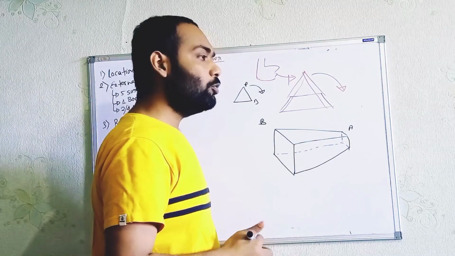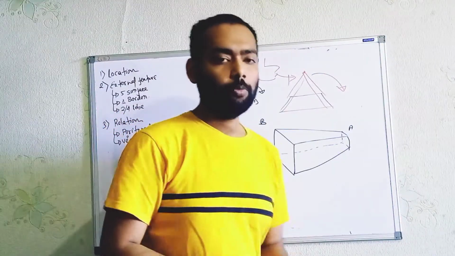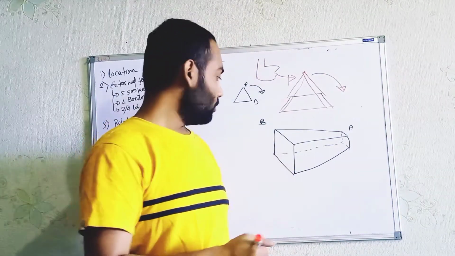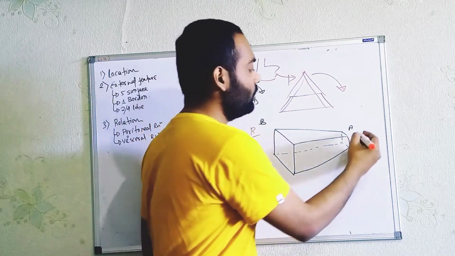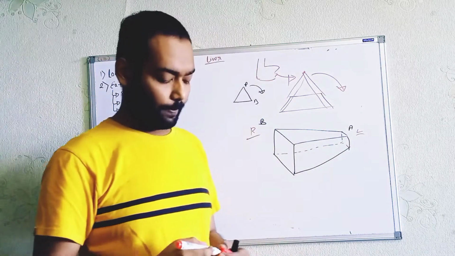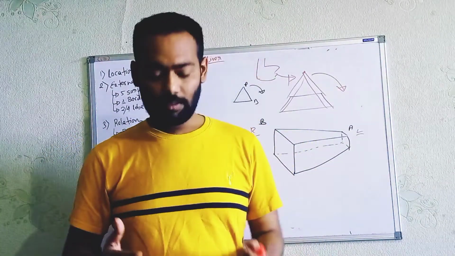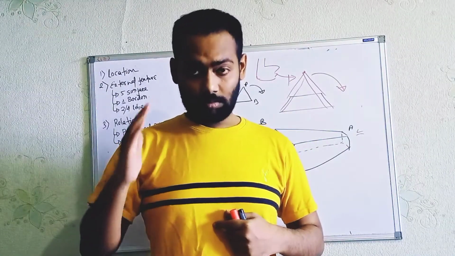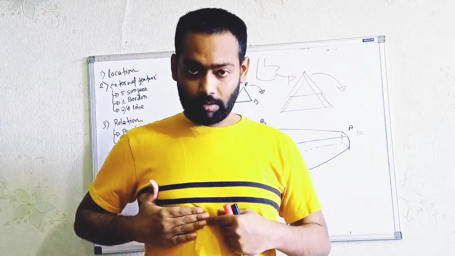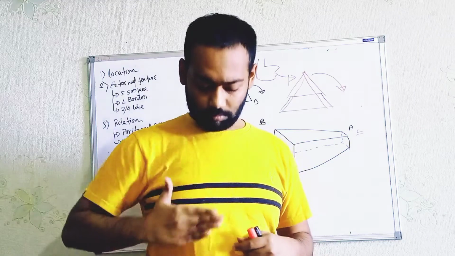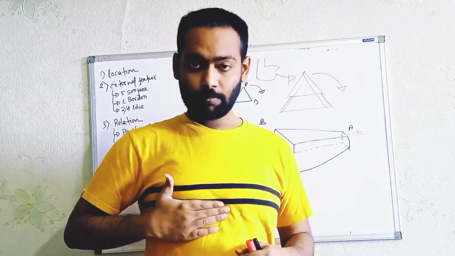Now try to visualize in your body how this is our right, this is our left. Okay. Now try standing. We know the liver is here. Now put your hand like this.